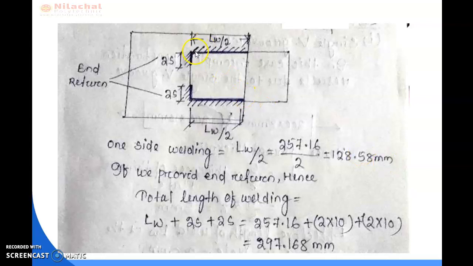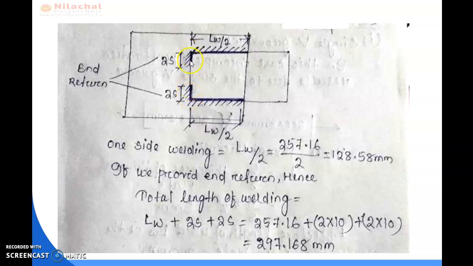So on each side of the plate, the welding length is 128.58 mm.